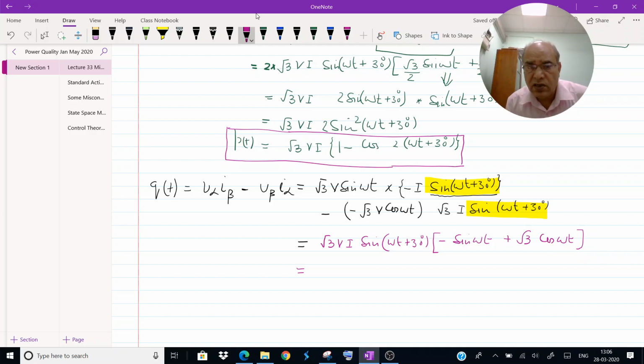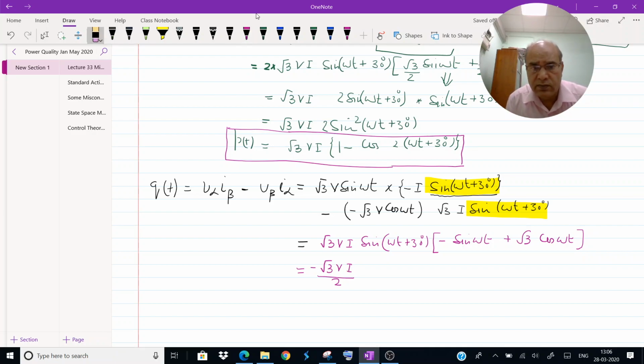So if I take this common and take 2 common once more, it becomes root 3 bi minus, taking 2 down here, 2 multiplied and 2 divided.